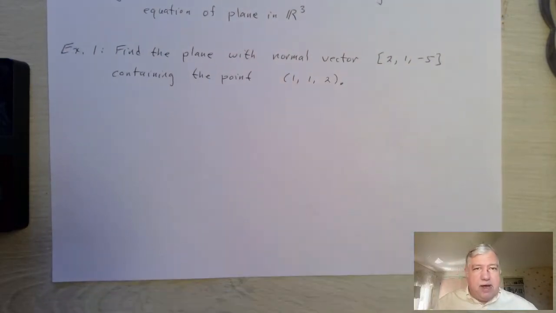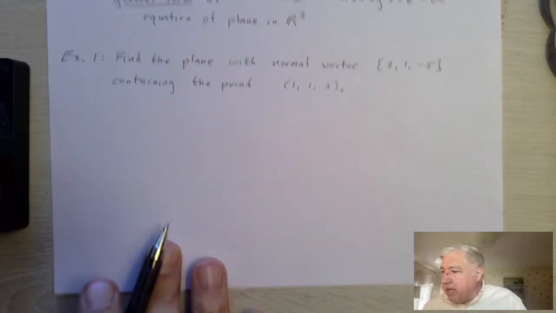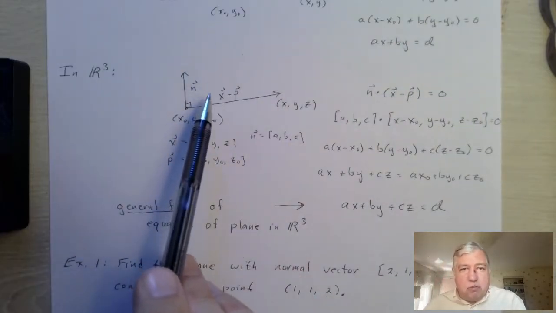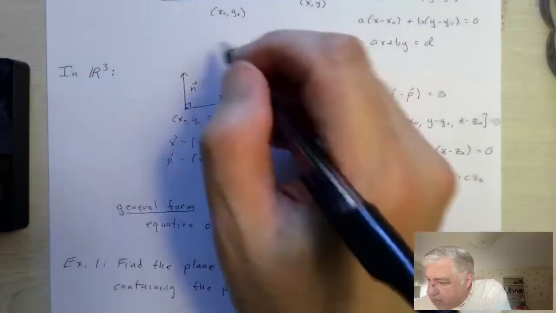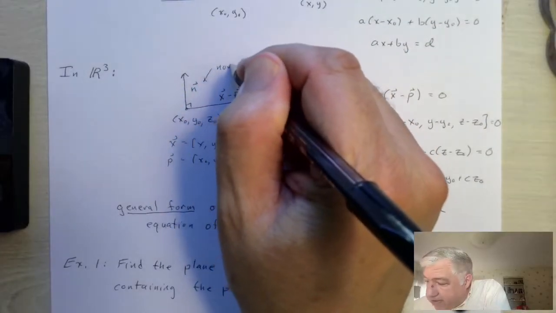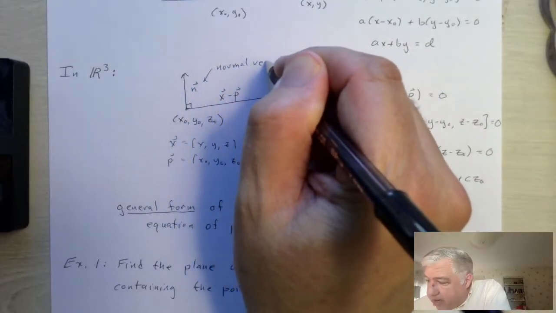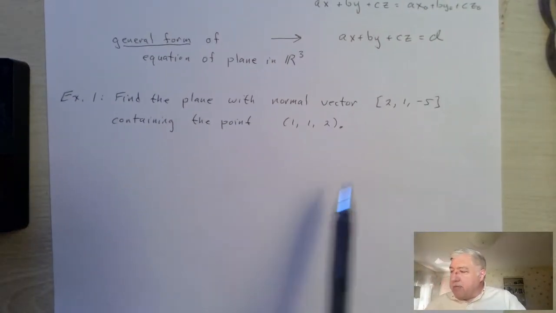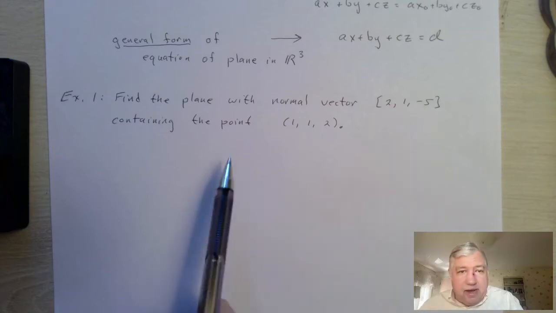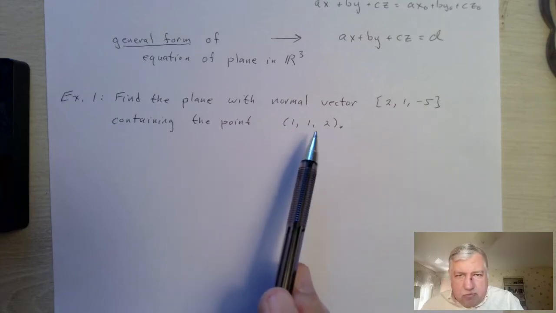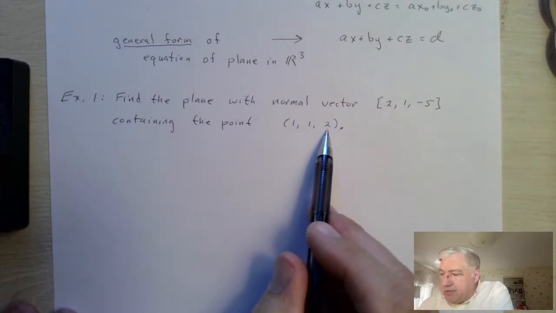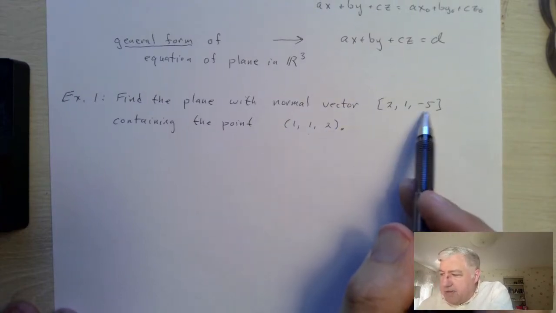Say we wanted to find the plane with the normal, and I should say that n, just as in the other case, is what we call the normal vector of our plane here. So if we want to find the plane with normal vector 2, 1, negative 5, containing the point 1, 1, 2, all right, so this is our x0, y0, z0, and this is a, b, c, this is n.